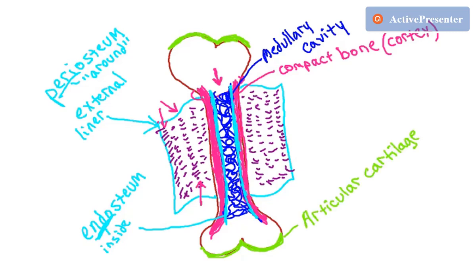And what type of cartilage makes this articular cartilage? Hyaline. Hyaline is the type of cartilage that makes up this articulating cartilage. And remember, this is the stuff where if it wears down, you can get osteoarthritis.